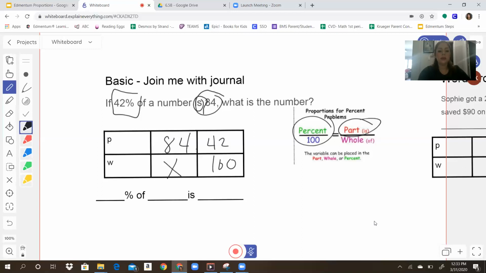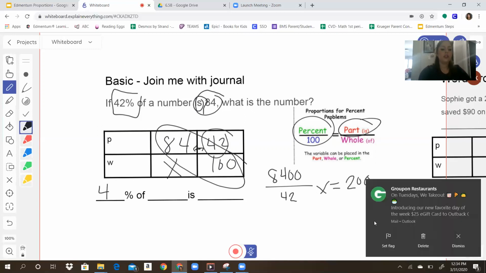Some of you might be able to see the bridge going straight across. I know 42 times the number is 84, but if you can't see that, that's okay. Cross, multiply, divide. 84 times 100, 8,400 divided by 42. 8,400 divided by 42, x equals 200.